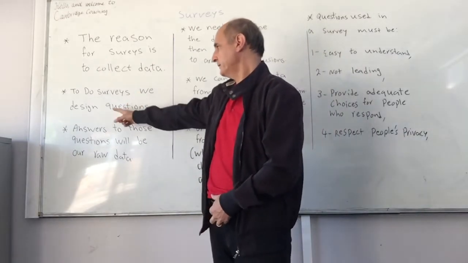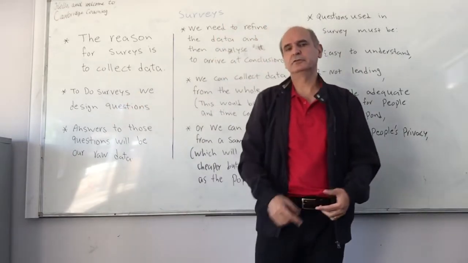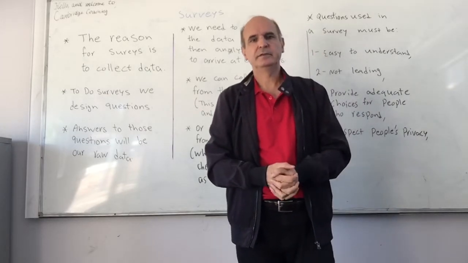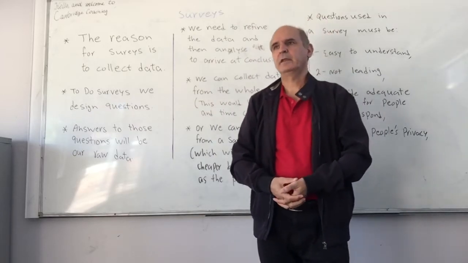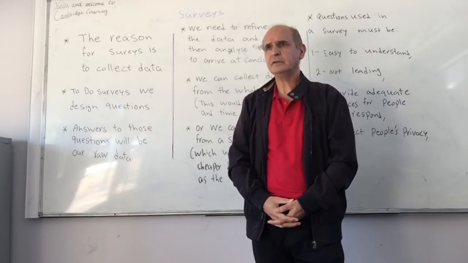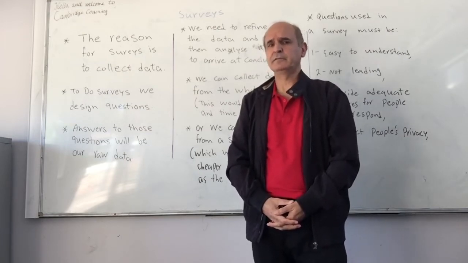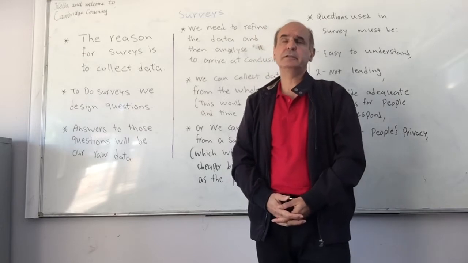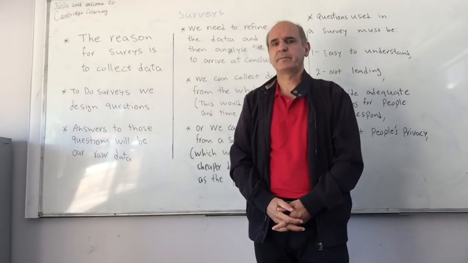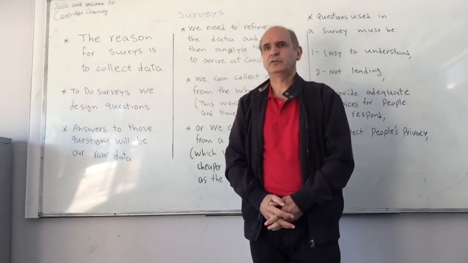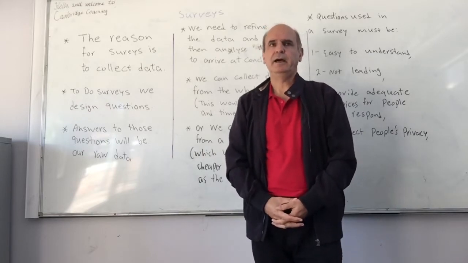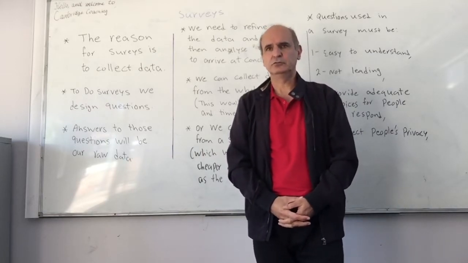So to do surveys, we design questions. To perform any survey, you need to come up with a set of questions. For instance, if you want to see what is the favorite food for people and what type of food people want in a school canteen, you give people a list of food, and then you ask them to rank them.